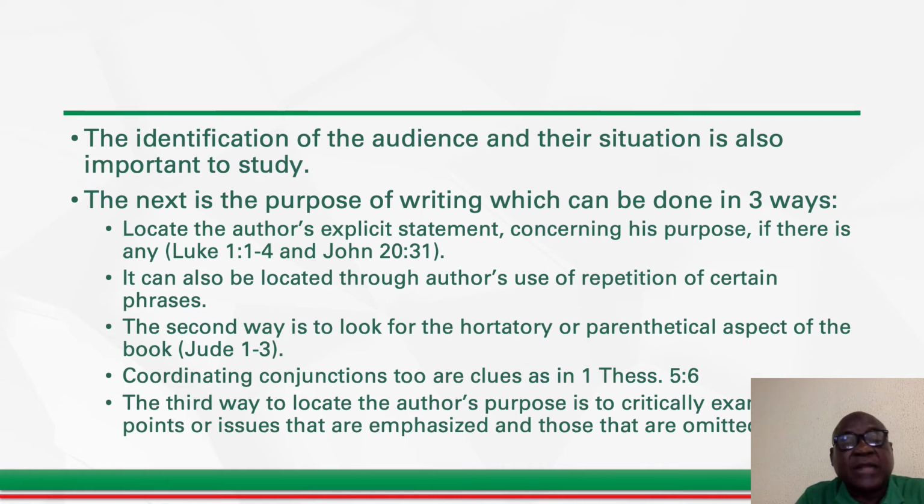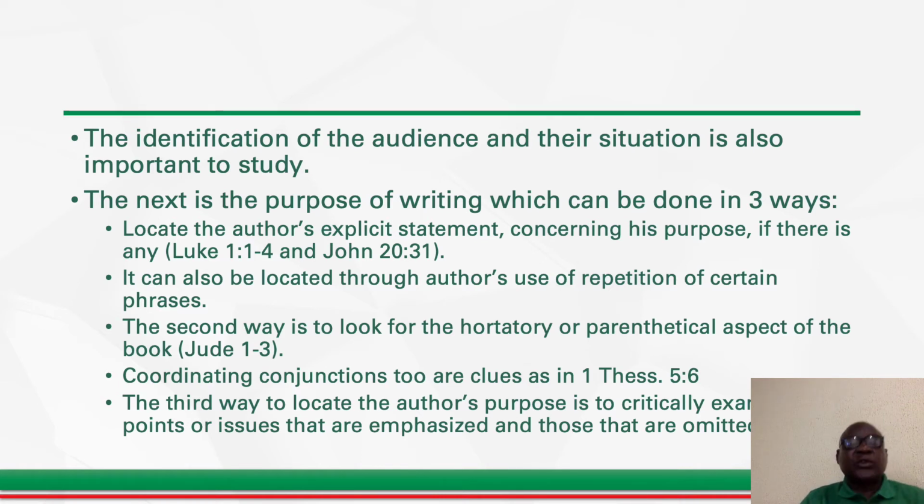We can take a look at Luke chapter 1, verse 1 to 4, where Luke tells us his reason for writing the Gospel of Luke, and also John chapter 20, verse 31, where John tells us his reason for writing the Gospel of John. Then another way you can do again is to look for the author's repetition of certain phrases, because repetition is always used for emphasis.